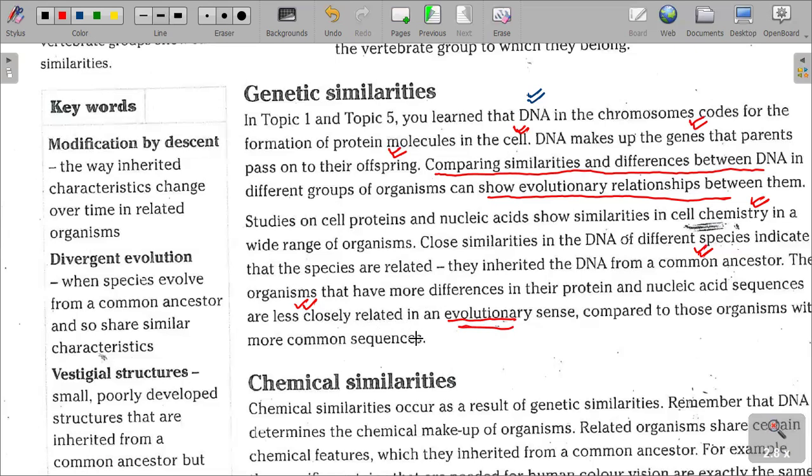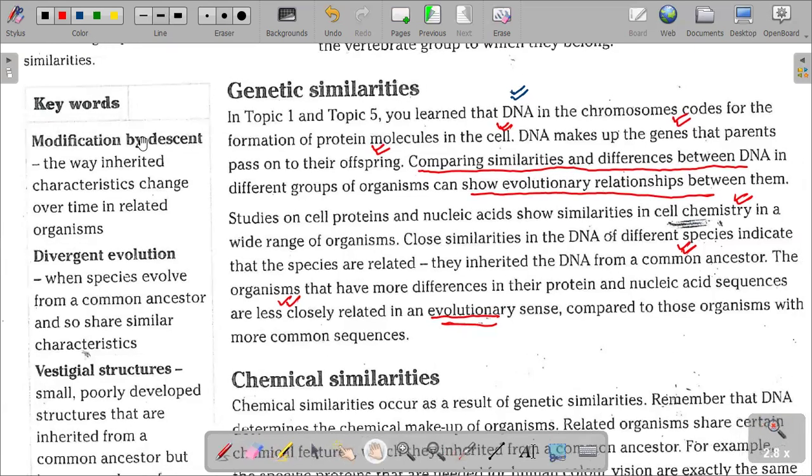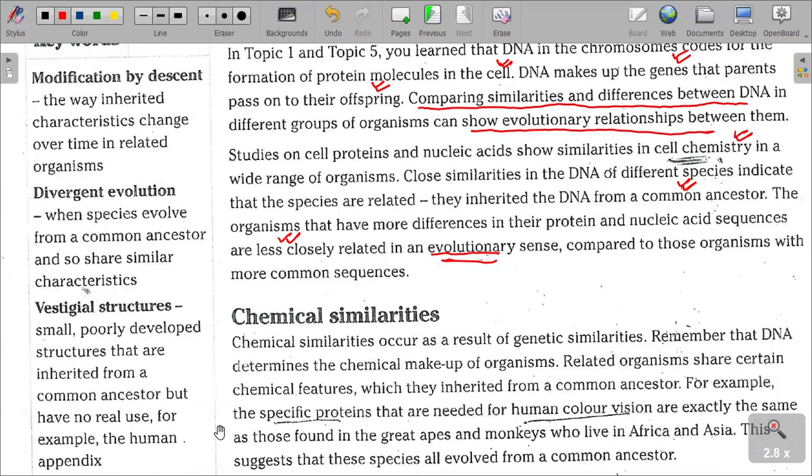The more common sequences there are within the compared organisms, the more closely related the organisms are.